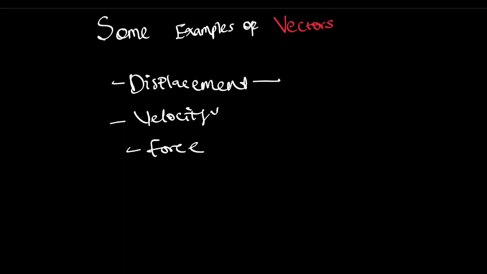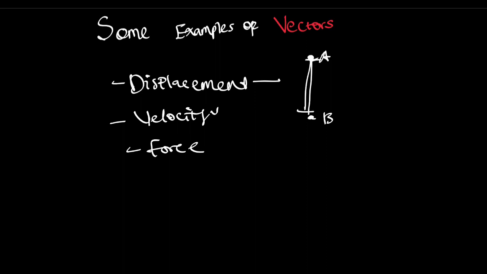So let's talk about displacement. If you move from point A to point B, your displacement is a vector quantity. From this part, this is A, to this part, B, your displacement is a vector quantity.